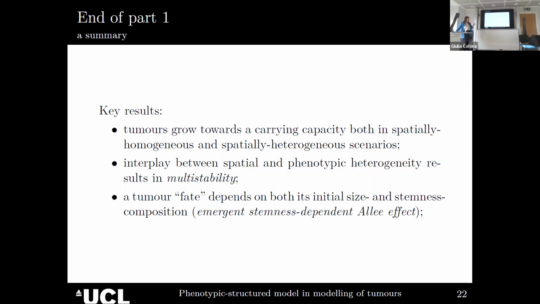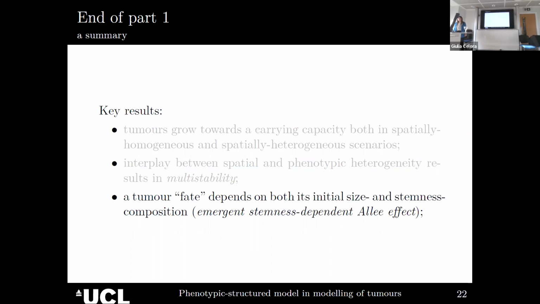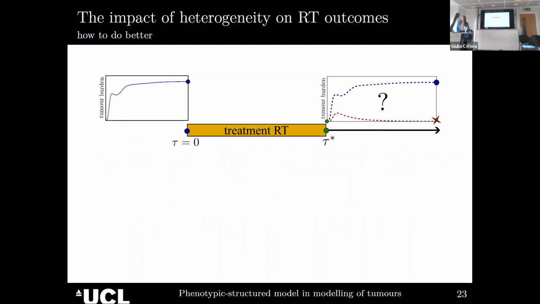So the fate of the tumor depends not just on parameter values, but on its initial configuration. Specifically, we suggest that the initial size and how many stem cells are initially in the tumor can affect its fate.